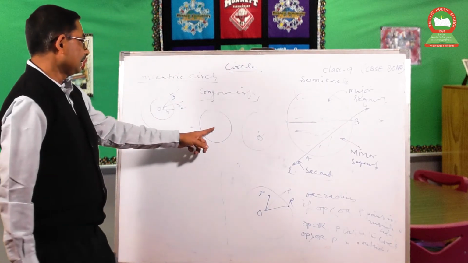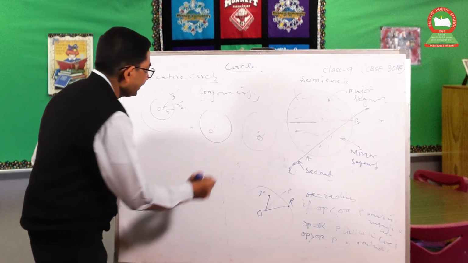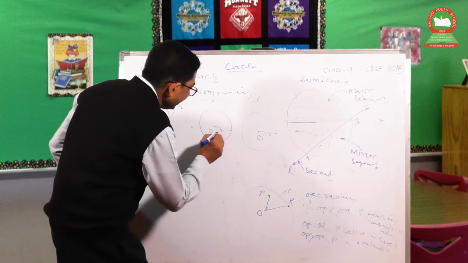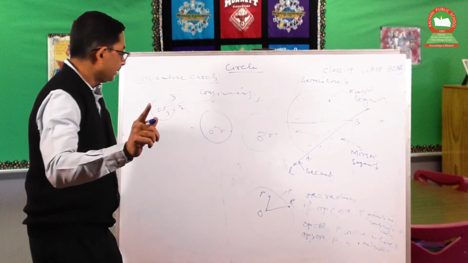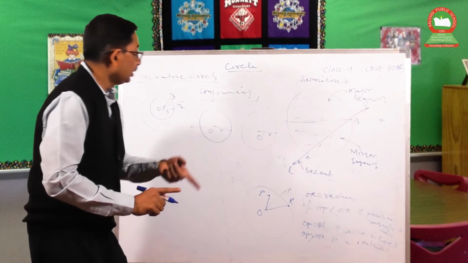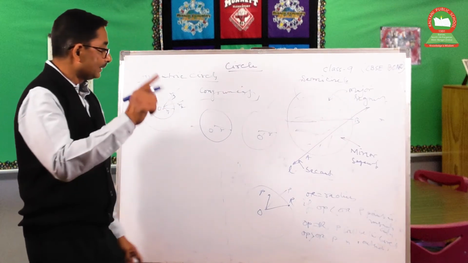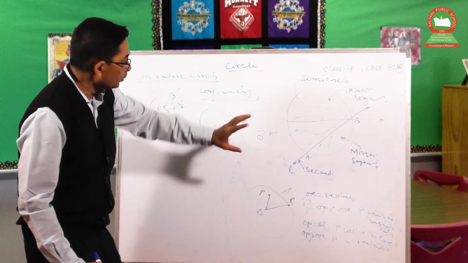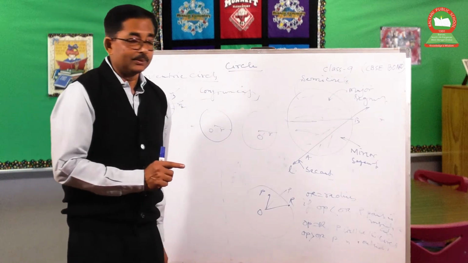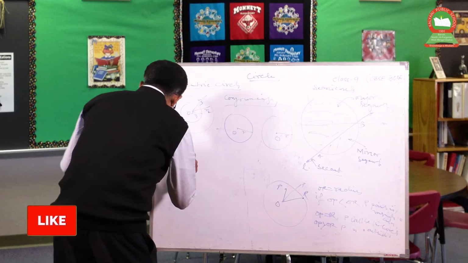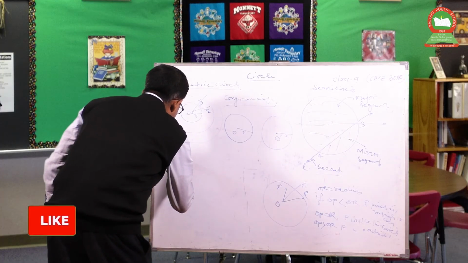If these two circles have equal radius, that is, if their radius is R, then these two circles will be congruent to each other. That is, if and only if the radii of two circles are the same, those circles are congruent to each other. Then we can conclude this.